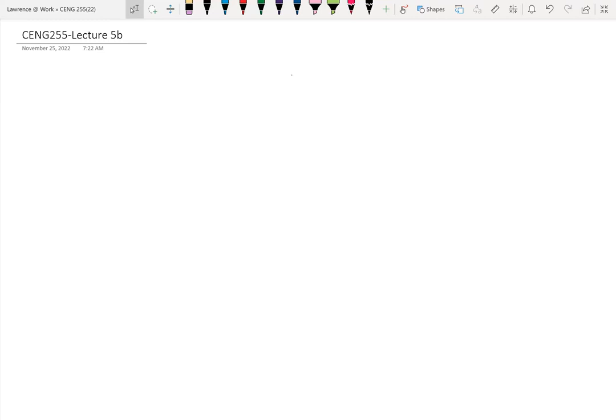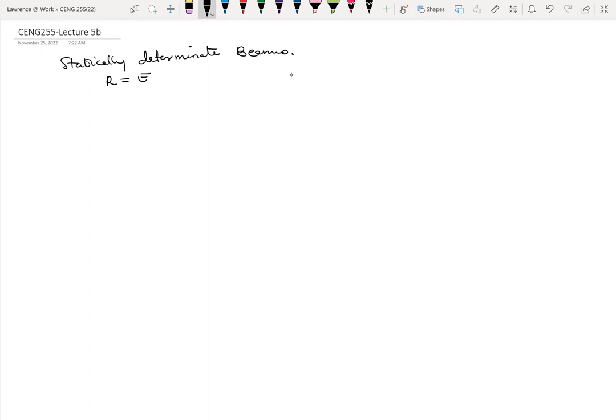If you look at it, most of the beams we've been analyzing so far have been statically determinate beams, whereby the number of unknown reactions is equal to the number of equilibrium equations.